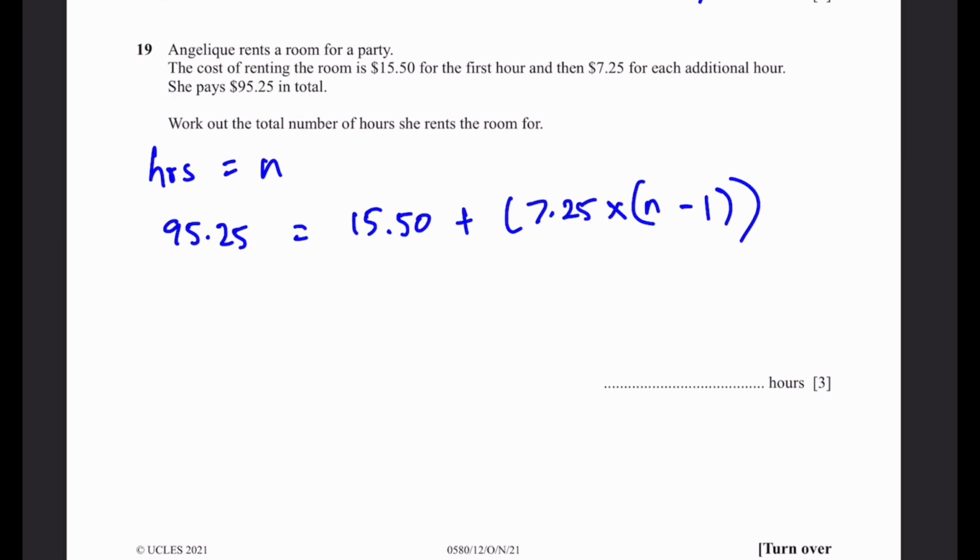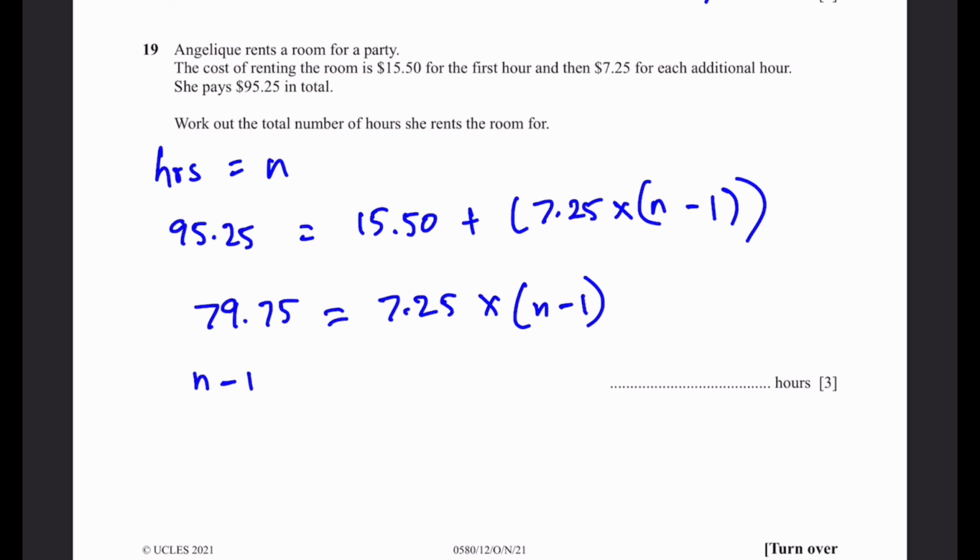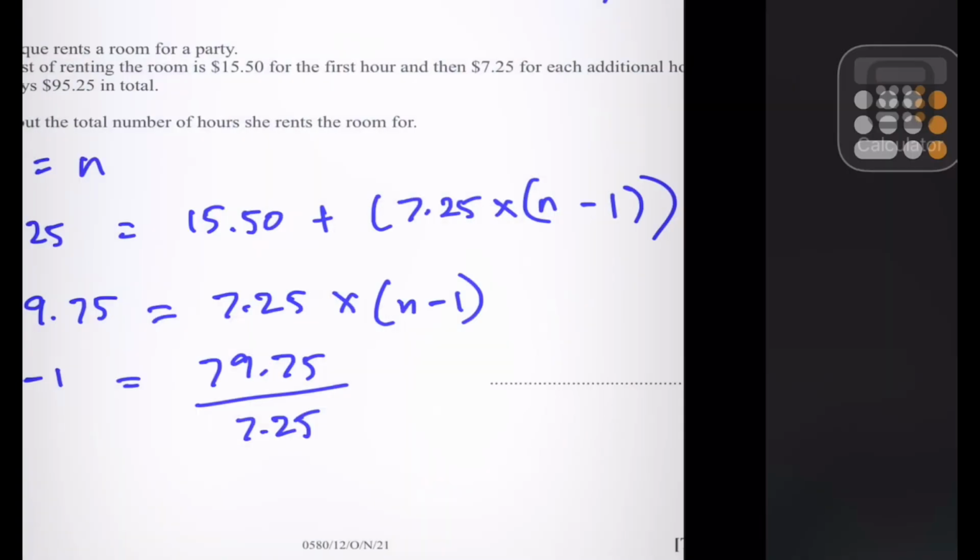And now we subtract. 95.25 minus 15.5 is equal to 79.75. And that's equal to 7.25 multiplied by n minus 1. So n minus 1 is equal to 79.75 divided by 7.25. Now let's get a calculator out.